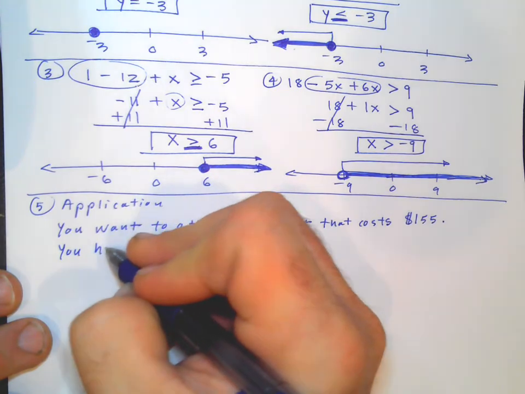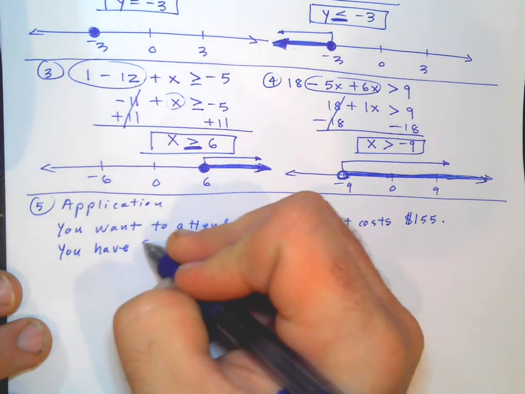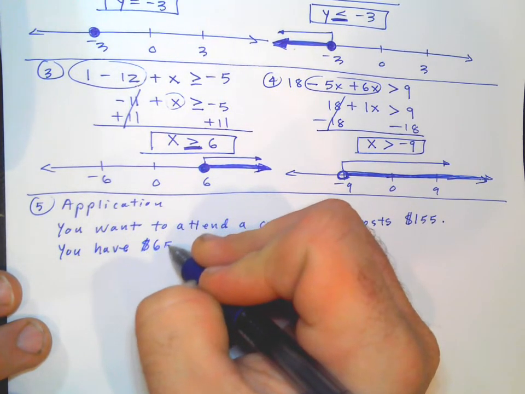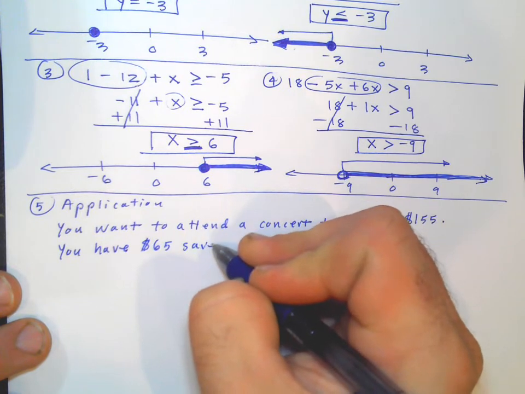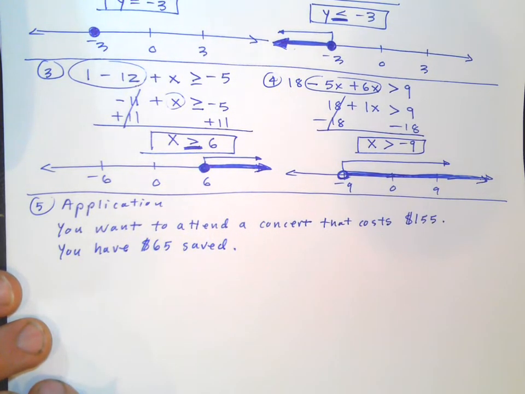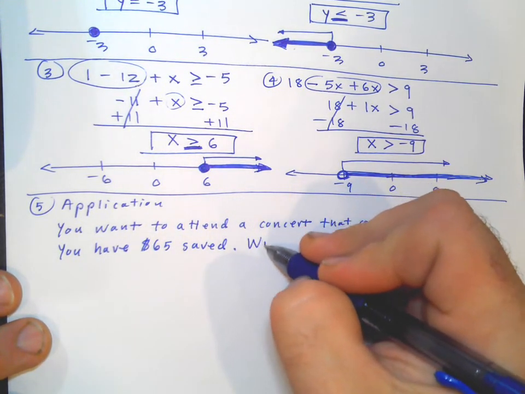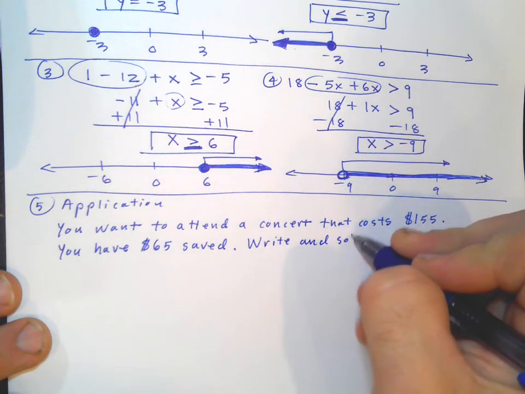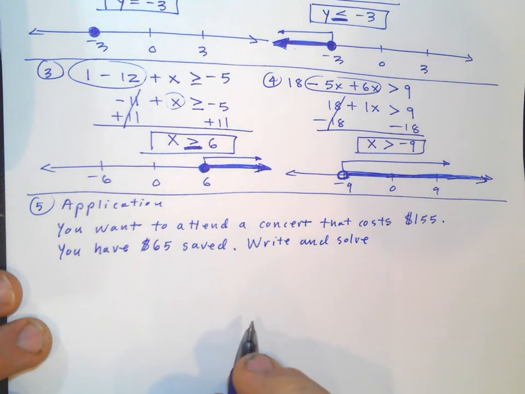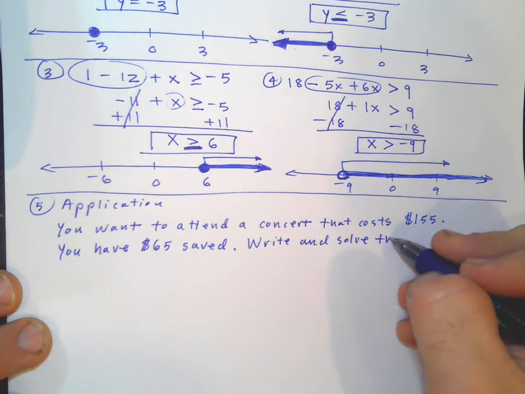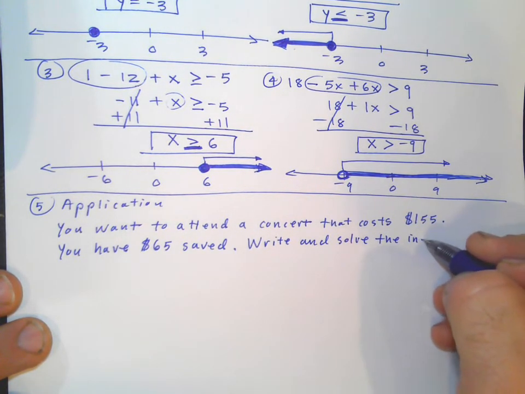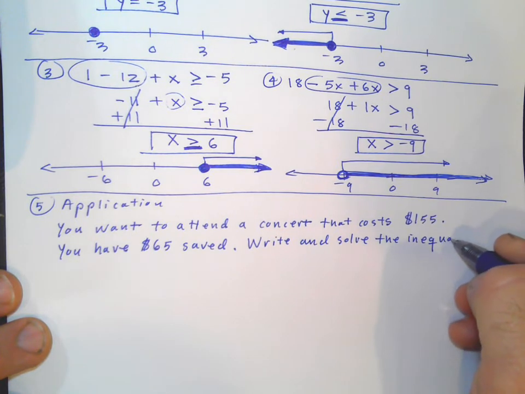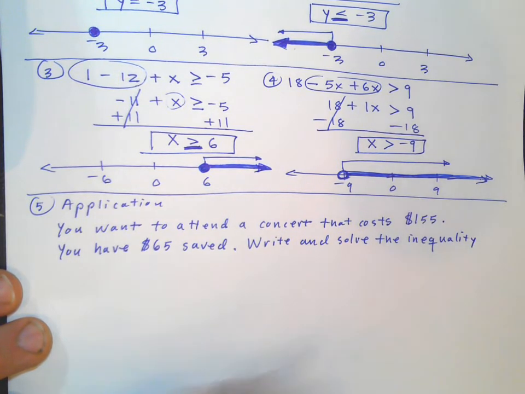You have $65 saved so far. Write and solve, same directions as above, write and solve the inequality. So you for sure want less than or greater than involved, right?